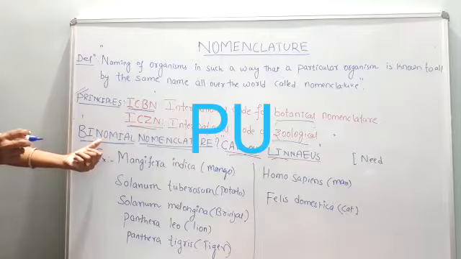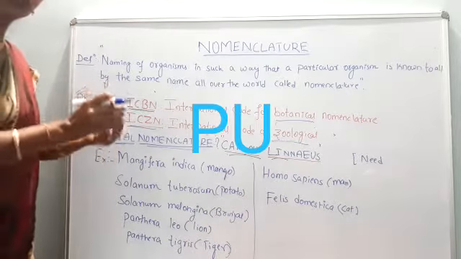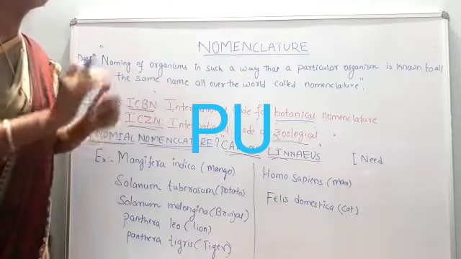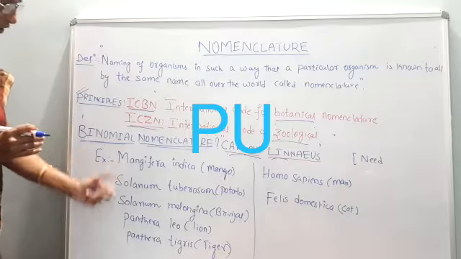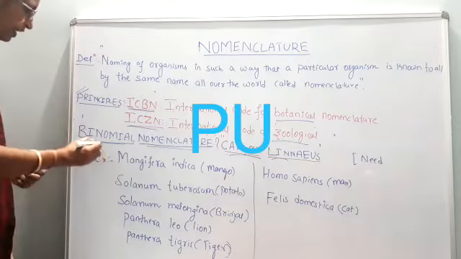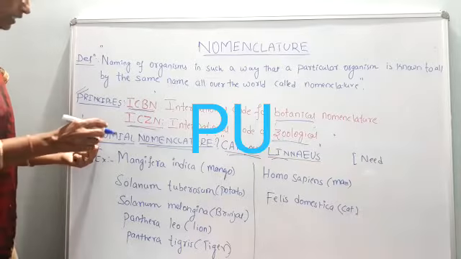As the name indicates, bi means two. By using two words, the organism is named. Let us understand this by following examples.